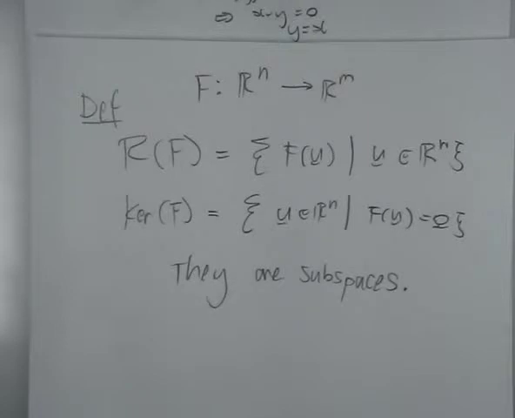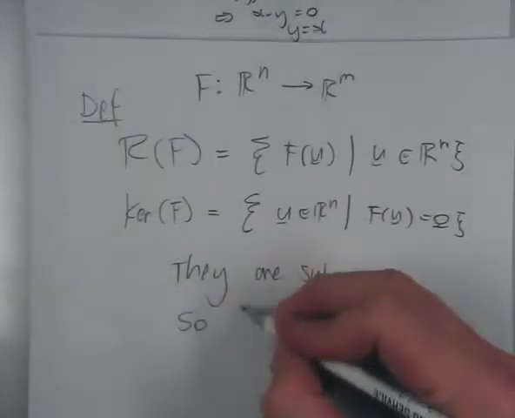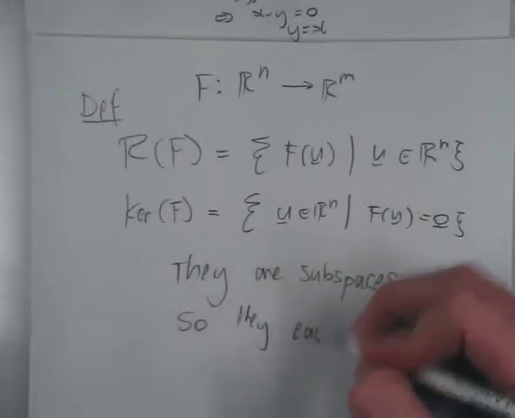So even though ranges with ordinary multivariable functions can be very difficult to describe, and so can domains, for linear transformations it's very easy, in inverted commas, because you just need a basis for them. So they're subspaces, so they each have a basis.